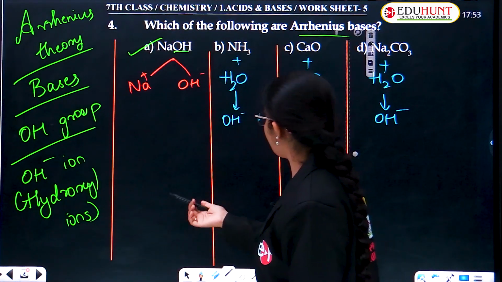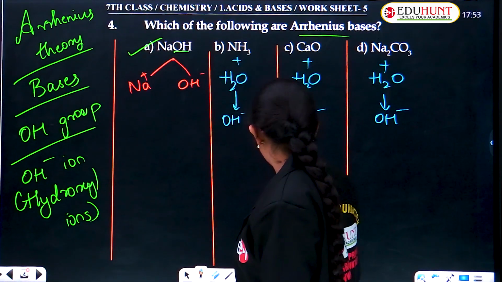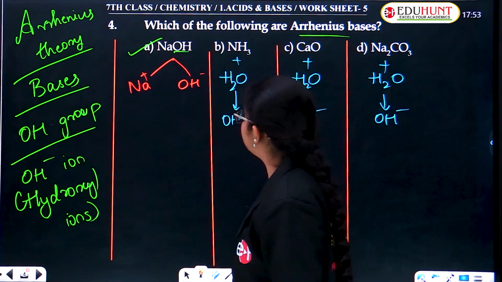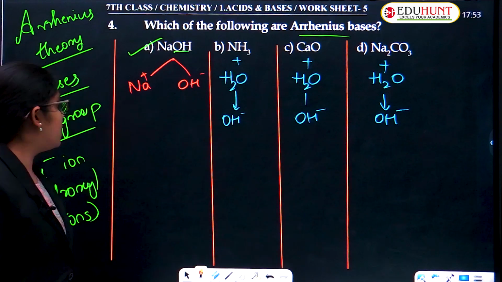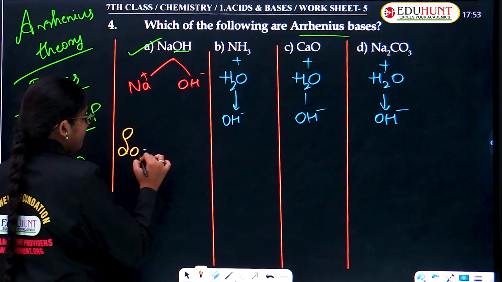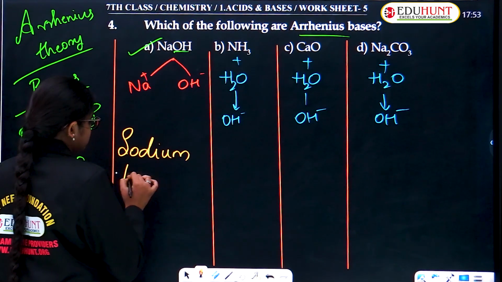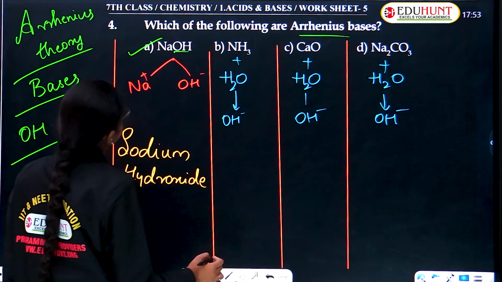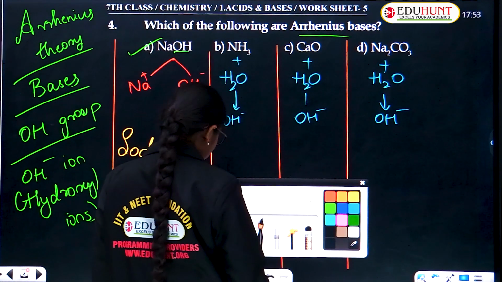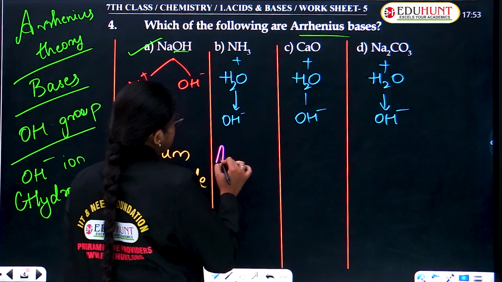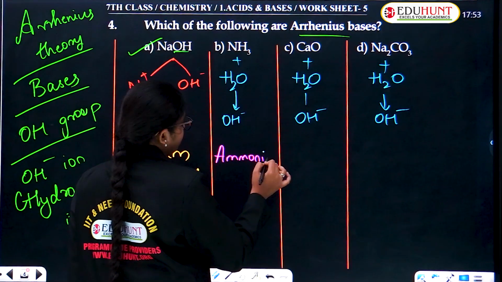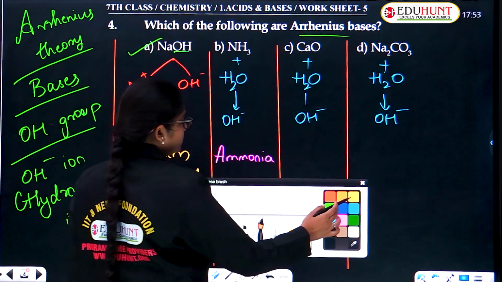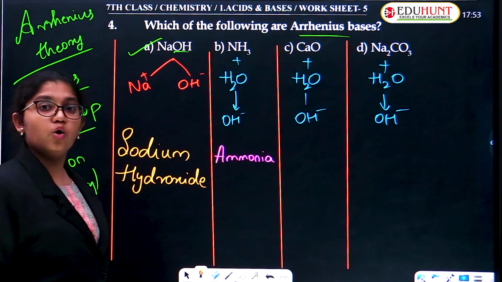Yes. So if I write the names of the four, NaOH is named sodium hydroxide, and what is the name for NH3? NH3 is ammonia, and what is the name for CaO?